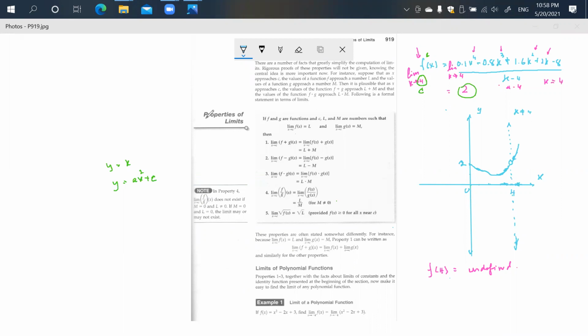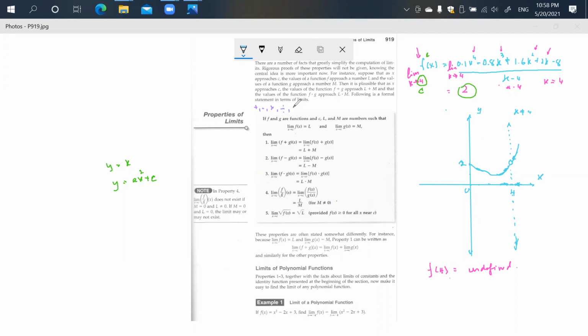Okay. The property of limit says: if f and g are functions and c, L, and m are numbers such that limit of f of x as x approaches c equals L and limit of g of x as x approaches c equals m. So right now I have two functions, function f of x and function g of x. Actually, the operations of mathematics are plus, minus, times, and divide.